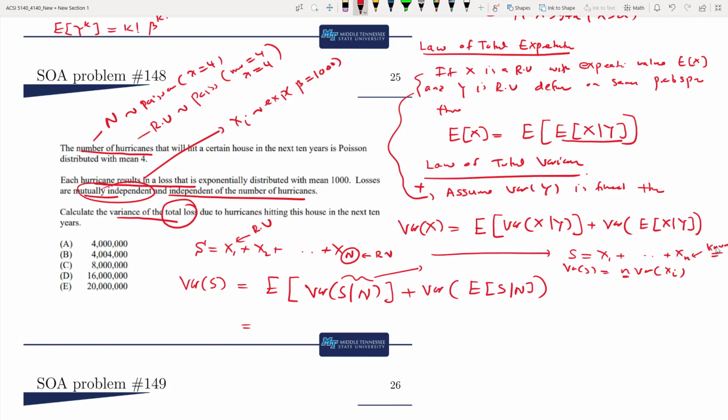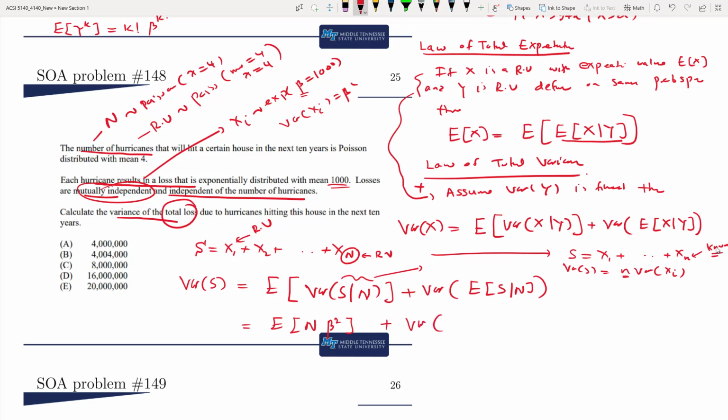Because of that, I can write this as n times the variance of each loss, which is exponentially distributed with mean 1000. Right now I'm going to use the parameter beta. The variance of an exponential distribution is beta squared. So I can write beta squared, plus now the variance, and this time n is fixed. What's the expected value?